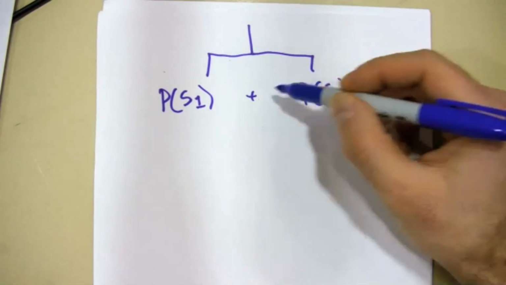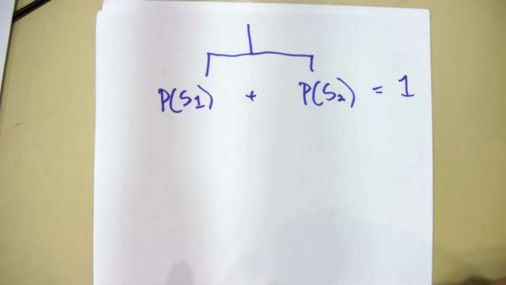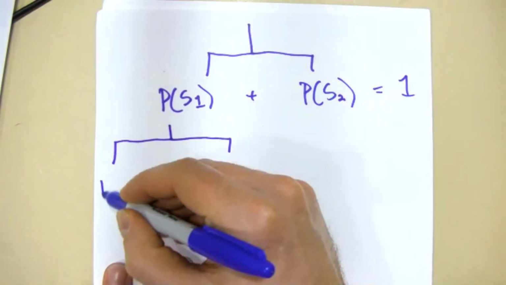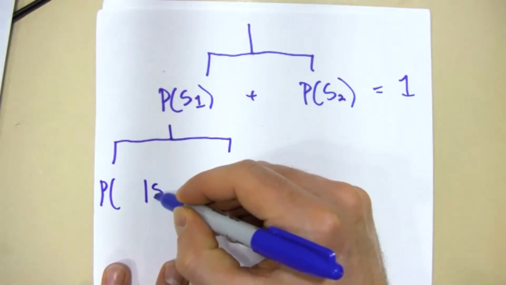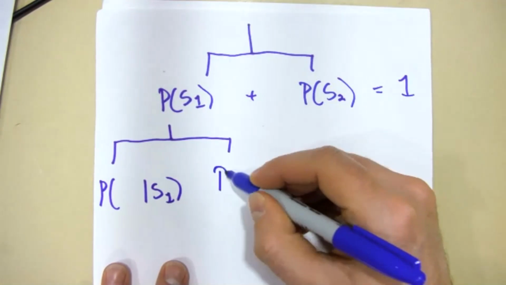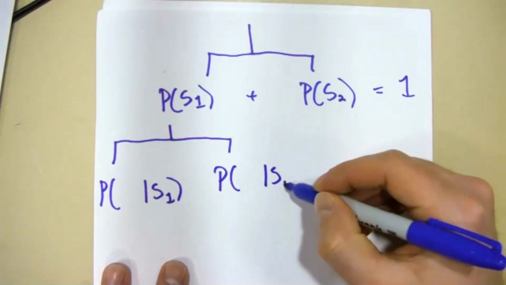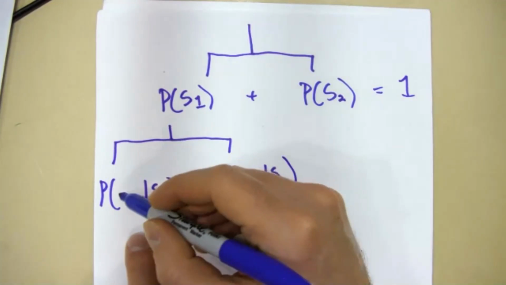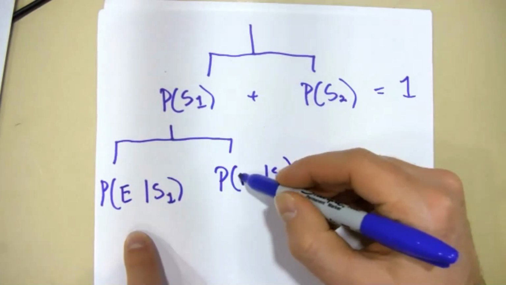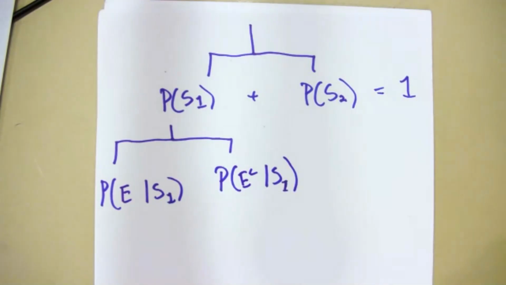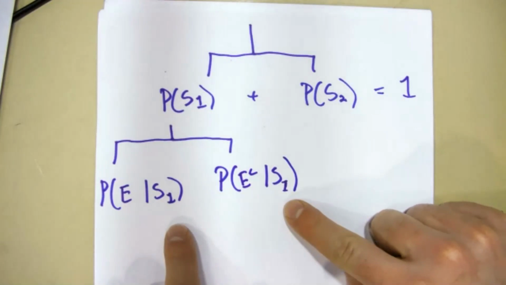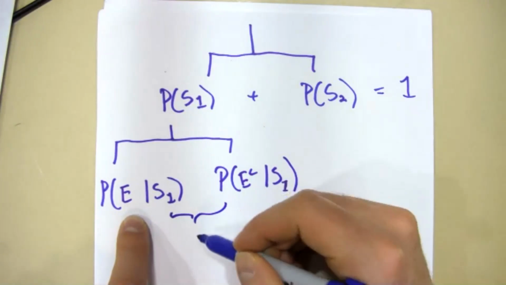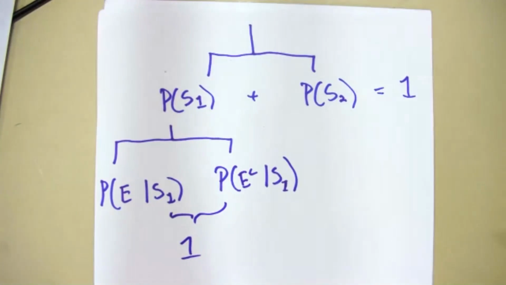Then over here on this state of nature, I can condition on state of nature 1, and find the probability of the 2 outcomes of the test, right? Because I'm conditioning on the same state of nature, if we add those up, they will add up to 1 as well.